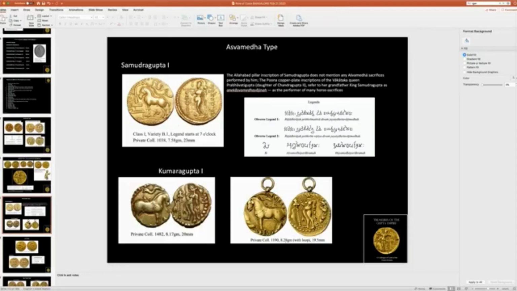But the Pune copperplate inscriptions from the daughter of Chandragupta II, Prabhavati Gupta.